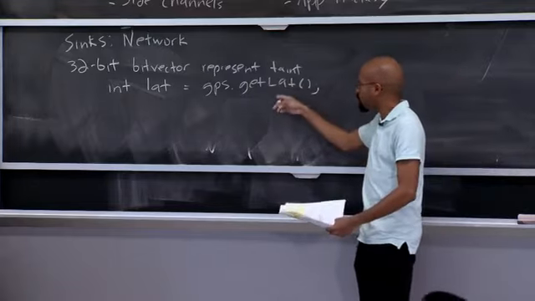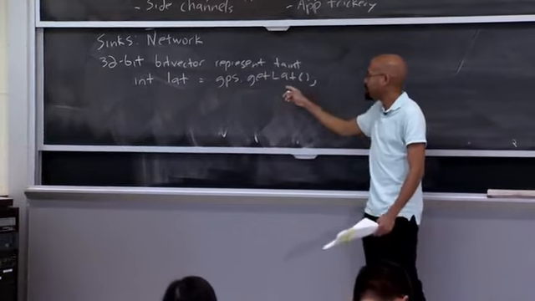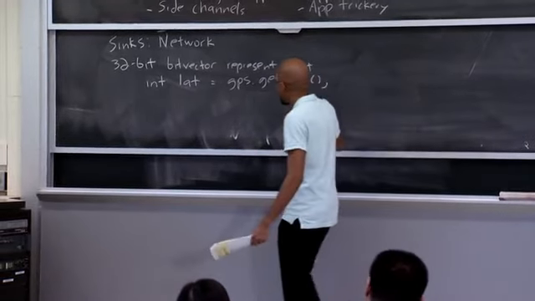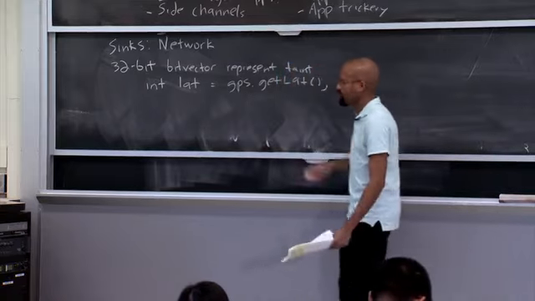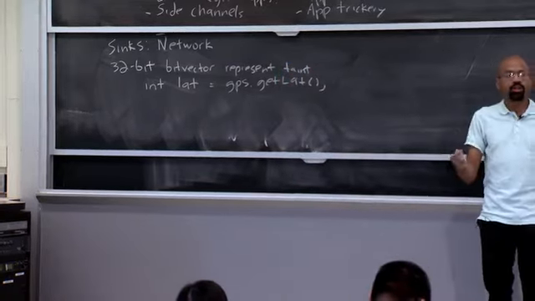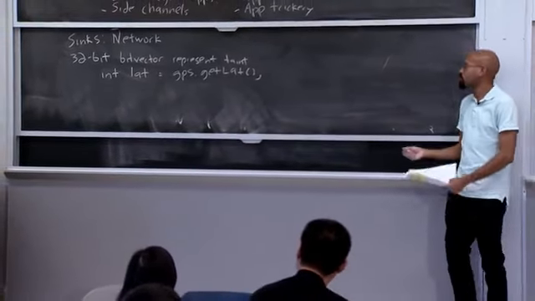Some particular flag will be set that indicates that the value I'm returning comes from this sensitive source. So the taint goes from the right-hand side to the left-hand side, and now lat is actually tainted.